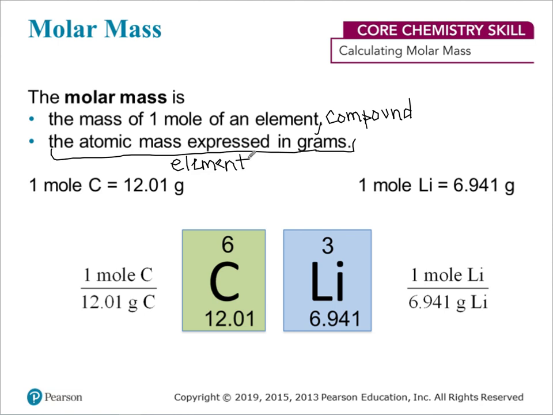So for a mole of carbon, you would look at your periodic table. Up here, this 6 is your atomic number. So that tells you how many protons you have. And this decimal at the bottom is your atomic mass.